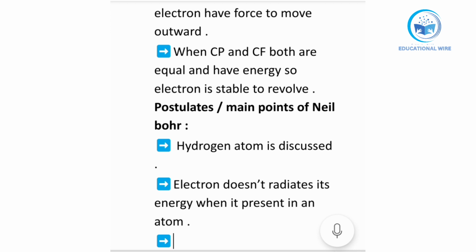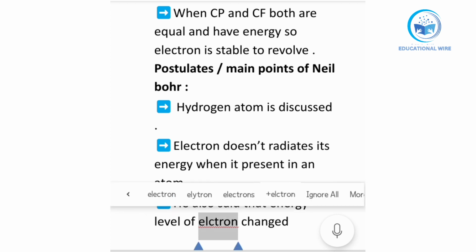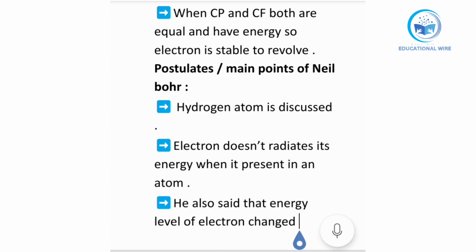After that, he also said that the energy level of the electron can be changed. In the first he said that it's not changed, but in the second he's saying that it can be changed when orbits are far away from the nucleus.